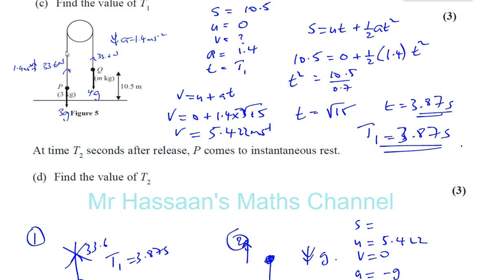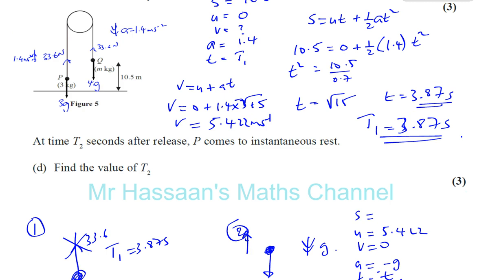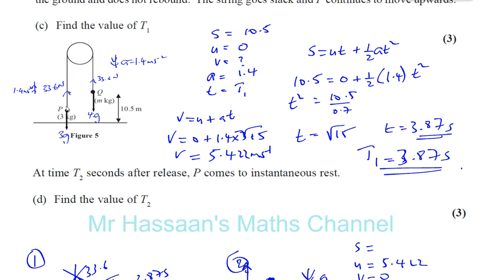So it's moved up 10.5 meters. Then that's the point where Q hit the ground. Then there's no more tension in the string because it's become loose. So it goes up with just the force of gravity stopping it, and then it takes the extra time to come to rest. So 3.87 seconds is the number of seconds it took to rise up 10.5 meters.